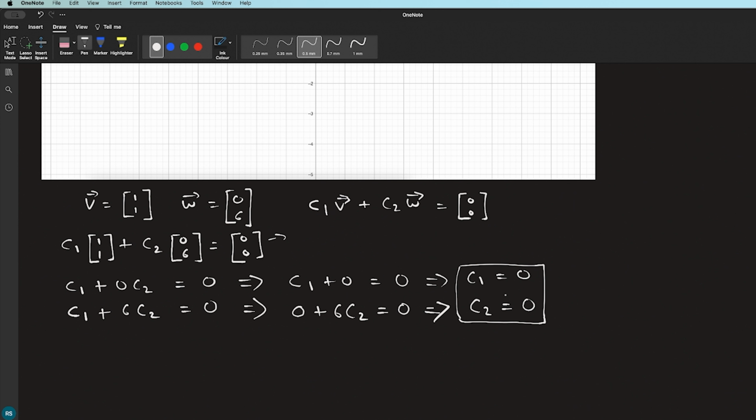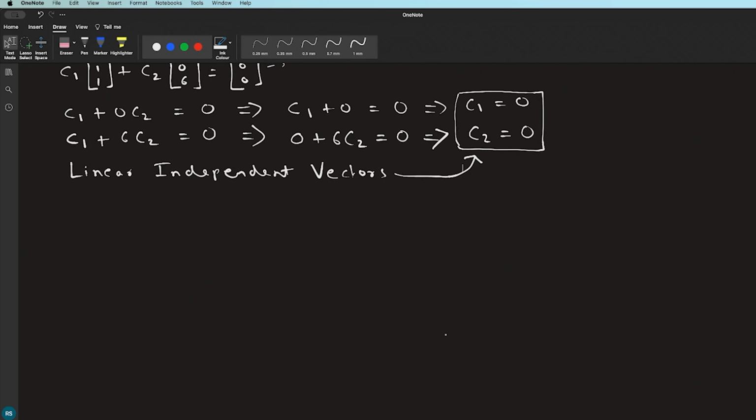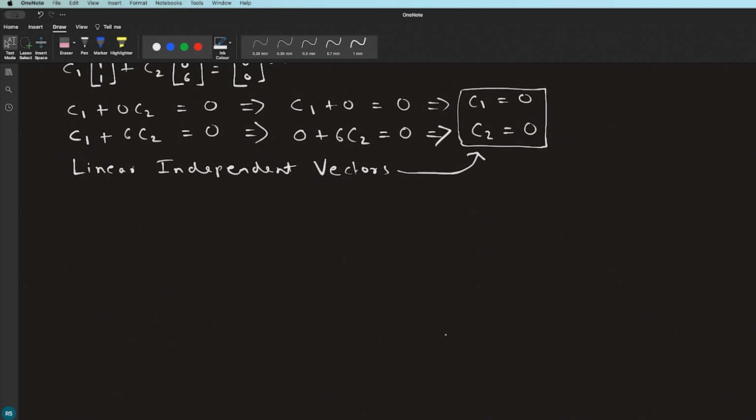So you can say that if the scalars c1 and c2 are 0, then these vectors are called linearly independent vectors. Now we will check for linearly dependent vectors.